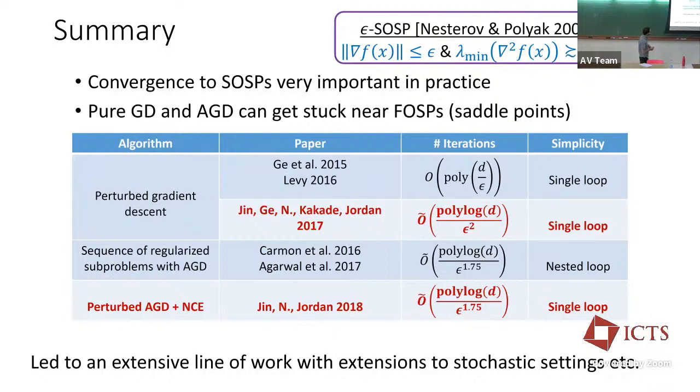Similarly, perturbed accelerated gradient descent plus negative curvature exploitation can find second order stationary points in slightly better time, polylog d divided by epsilon to the 1.75. There are many further works in this direction which extend these results to stochastic settings, where we only have access to stochastic gradients and not full gradients. In the rest of this talk, let me present the main ideas of the proof of this result as well as this result.